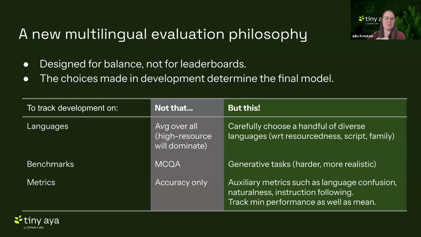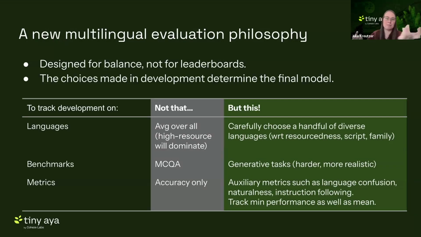And for metrics, it would be natural to just track accuracy, but we also looked at auxiliary metrics that we think are very important in multilingual modeling, which are language confusion: how often does the model actually respond in the language of the prompt? How natural is the response? Again, this is a bit of a noisy estimate, but we can get some signal there. Instruction following: how much is the model actually able to follow the instruction that we give it?